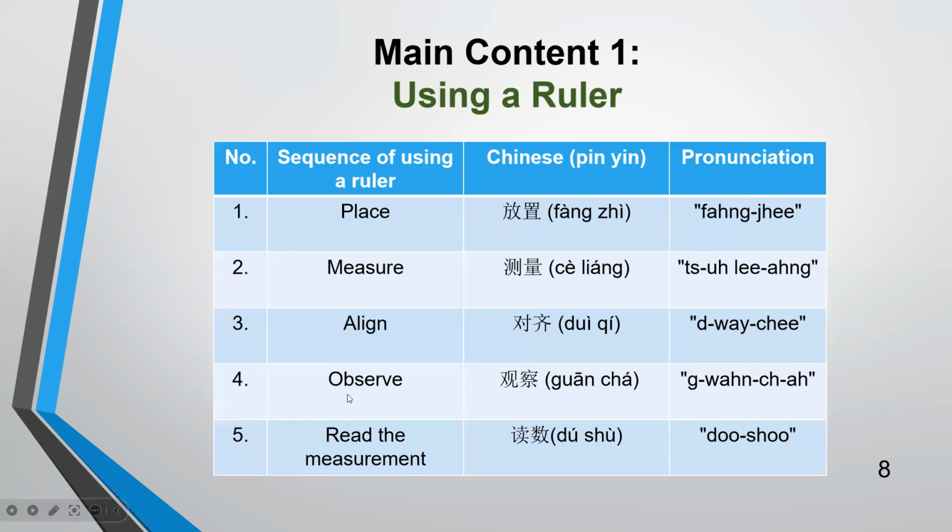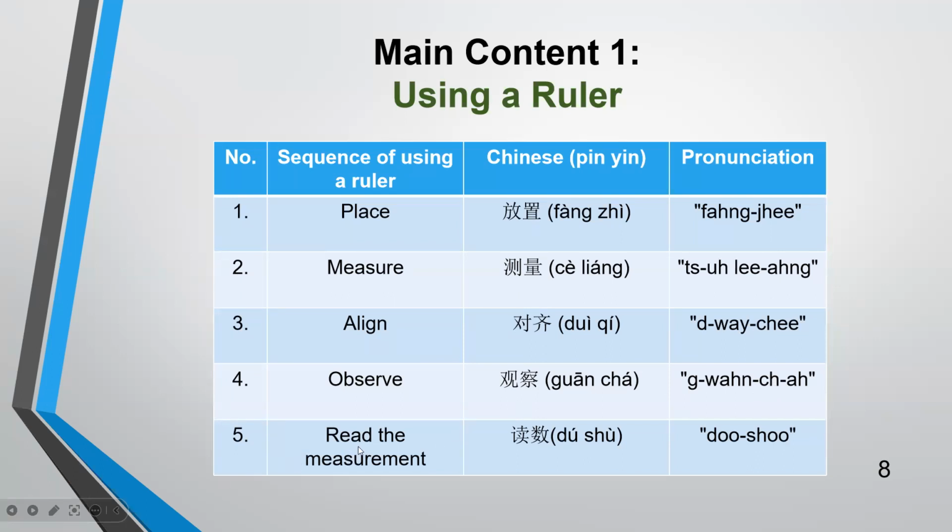Then we go for the fourth step, to observe, 观察. It's like asking whether you want this one or that one, and right in front we put gu. 观察. Yes, it's to observe.